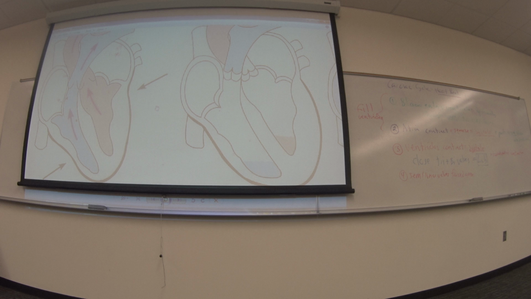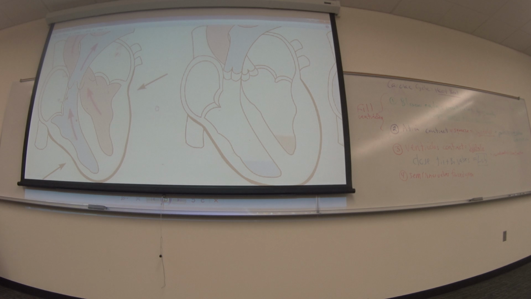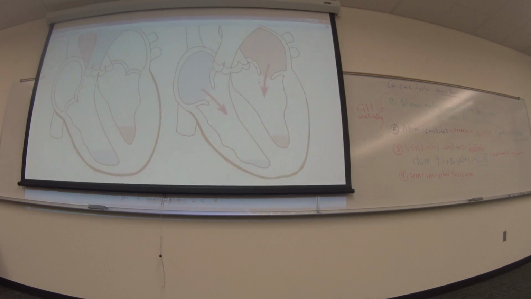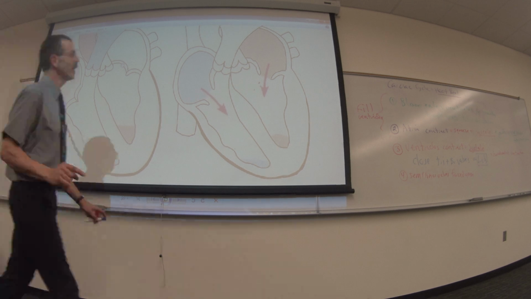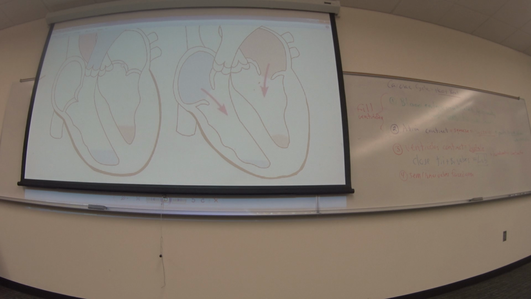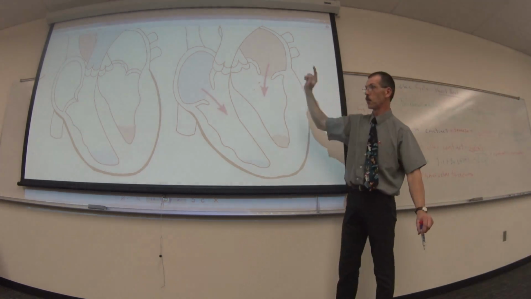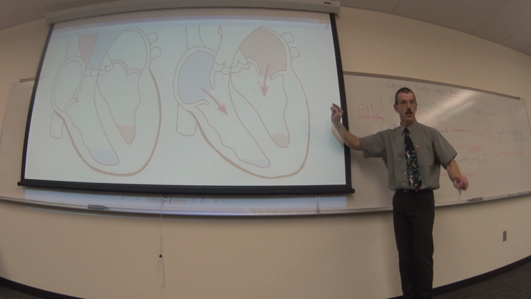We're not done yet. Look at the next picture I'm going to show you. What's happening there? It looks like step one, but not completely. This is the atrium. Something's different between the picture on the left and the picture on the right. What happened differently? The valves open.